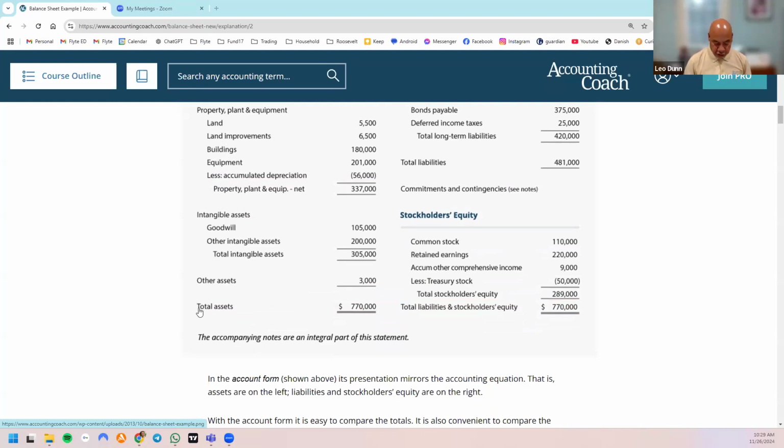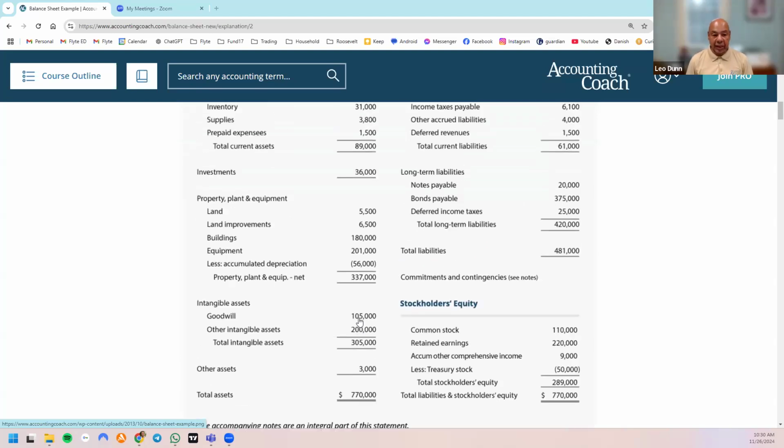It could be some unusual type of investment or just another asset we cannot describe in the assets listed above. With that, our total assets for book purposes for this corporation on December 31st are $770,000.